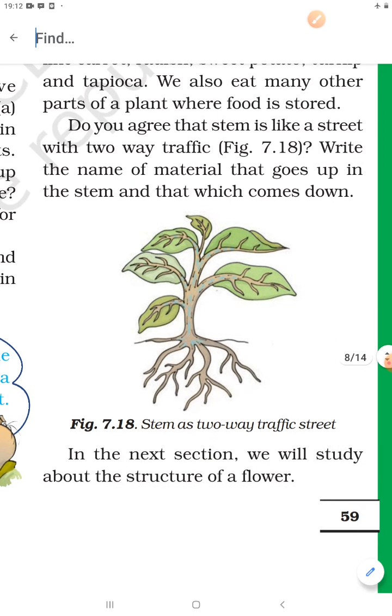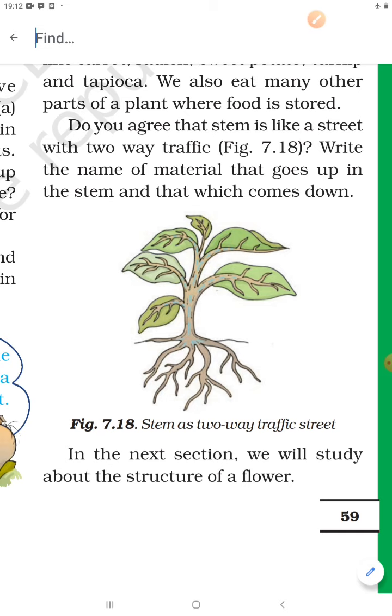Now in this diagram, you can see here stem as a two-way traffic street. Listen carefully, dear students. Stem as a two-way traffic street. What does it mean? As we know that roots absorb water and minerals from the soil, and the stem conducts these to leaves and other parts of the plant.